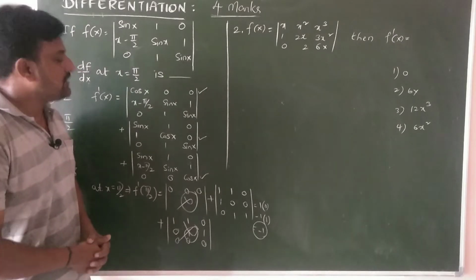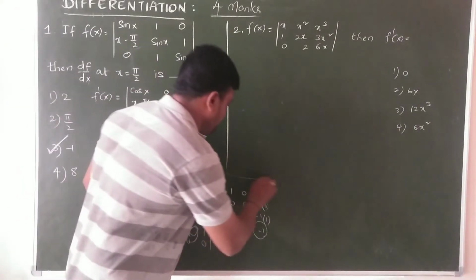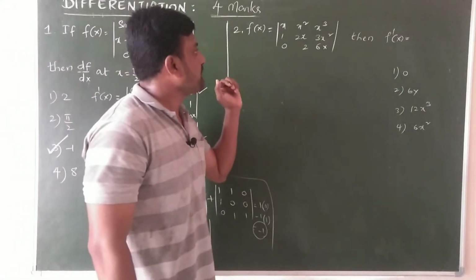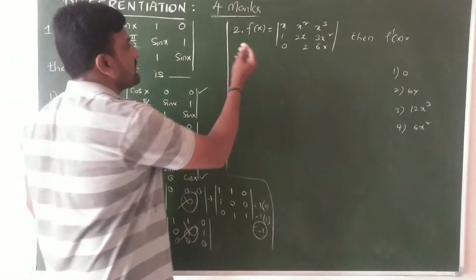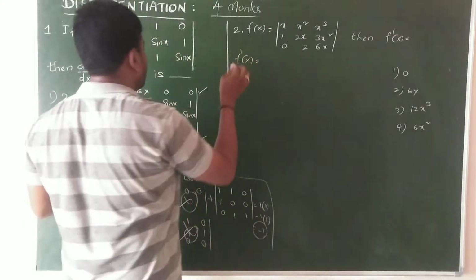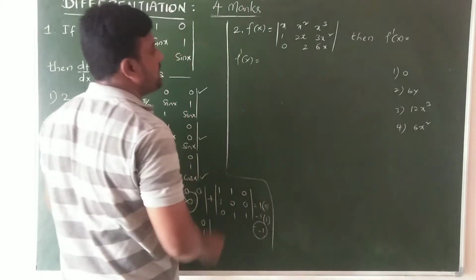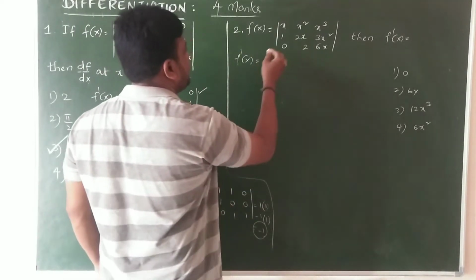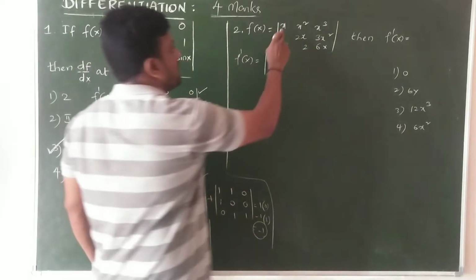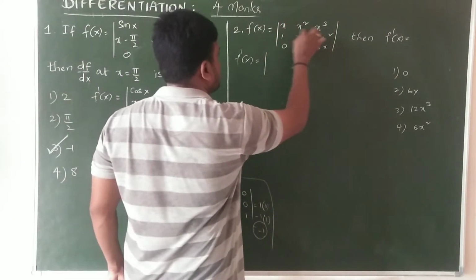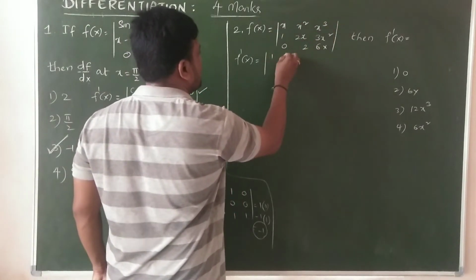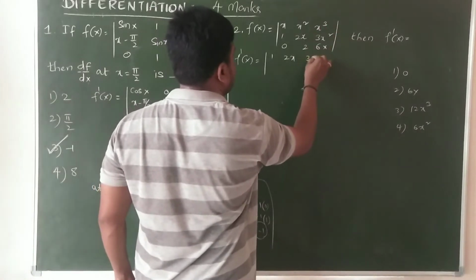Now the next one is also the same, differentiation of a determinant. Let us follow the same problem, same formula. f dash of x equals what? First row: now here the derivatives of the first row elements. So 1, 2x, 3x square.